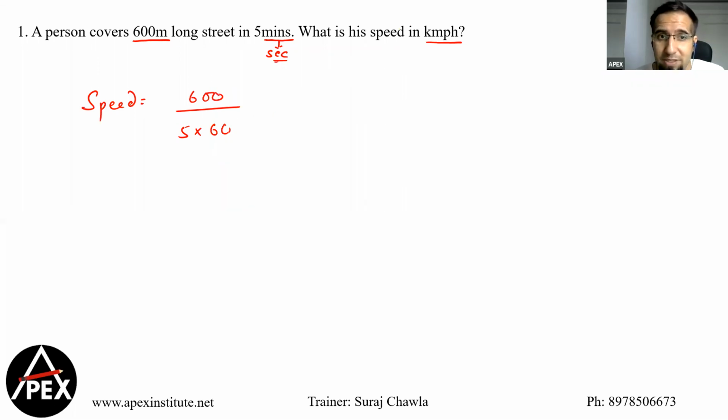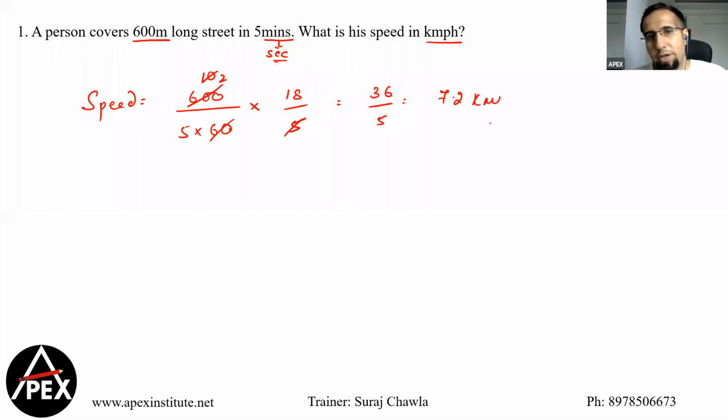So from meters per second, if I have to convert in terms of kilometers per hour, I have to multiply with 18 by 5. Smaller to larger, so larger fraction. Clear? So 60 ones and 60 tens, 5 ones and 5 twos. So your answer here is going to be 36 divided by 5, which means the answer is 7.2 kilometers per hour. So most of you have been correct. The answer is 7.2 kilometers per hour.